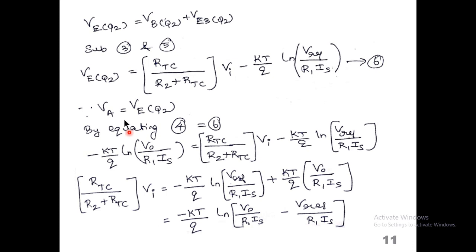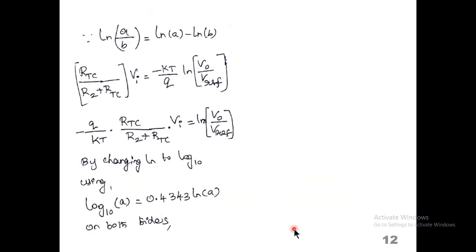By doing the analysis, substitute the third and fifth equations in this equation. The overall emitter voltage of transistor 2 will be the sum of the base voltage of transistor 2 plus the emitter-base voltage of transistor 2. Applying that, we get equation number 6. Then, by equating the fourth and sixth equations, we get this equation. After some approximation and simplification, finally we get this equation.